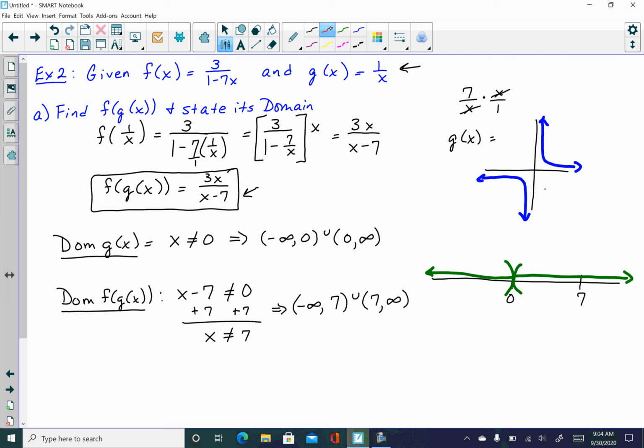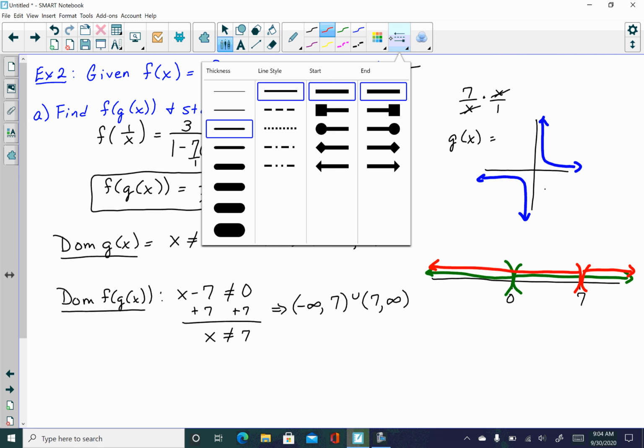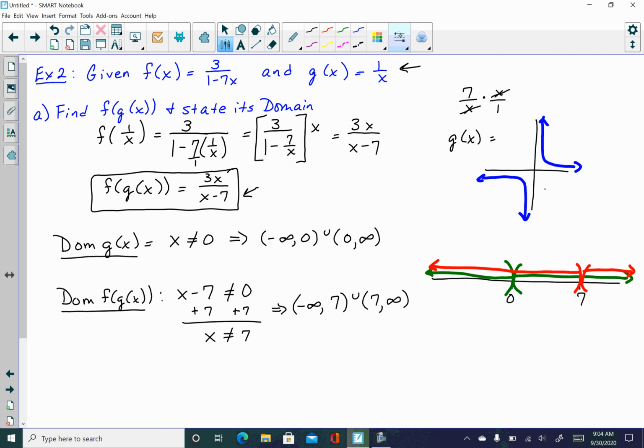And then at 7, it can't equal that, but I can equal anything else, shade both ways. Anywhere the red and green shading are on top of one another, they get included as part of my final answer for the domain of f of g of x.